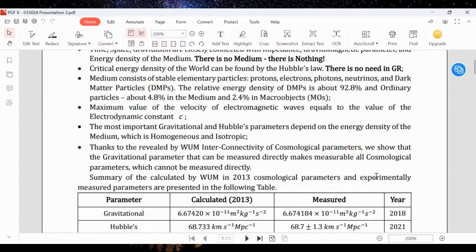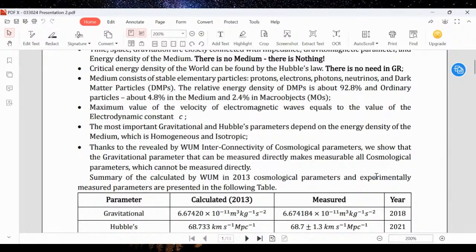The medium consists of stable elementary particles: protons, electrons, photons, neutrinos, and dark matter particles. The relative energy density of dark matter particles is about 92.8%, and ordinary particles about 4.8% in the medium and 2.4% in macro objects.